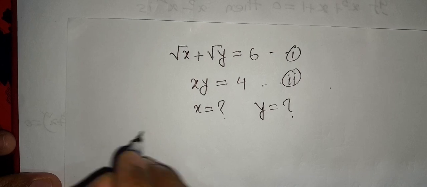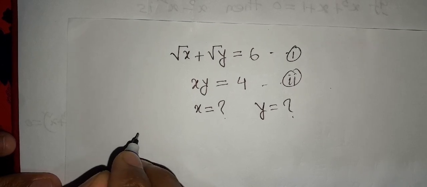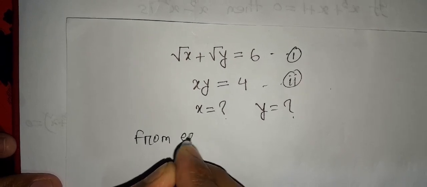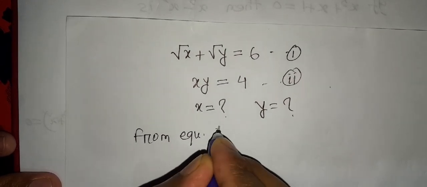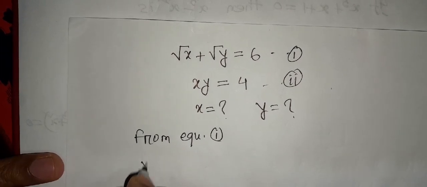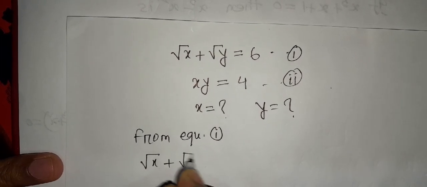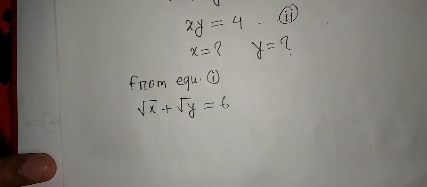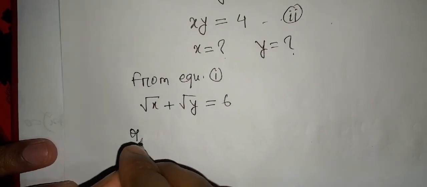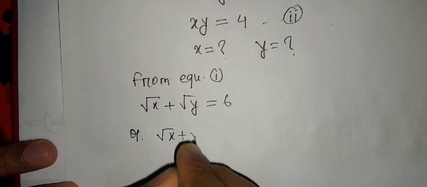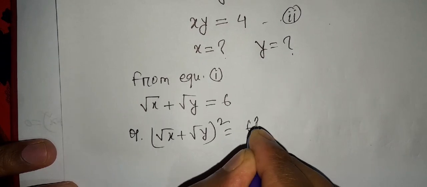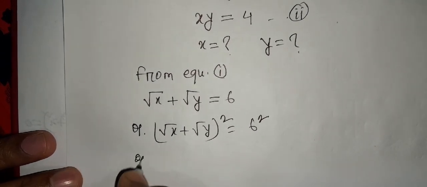From equation 1 we get root x plus root y equals 6. Squaring both sides, we can write (root x plus root y) whole square equals 6 square.